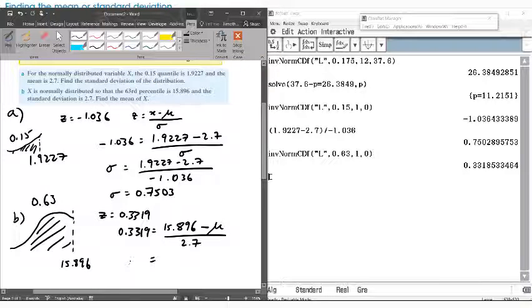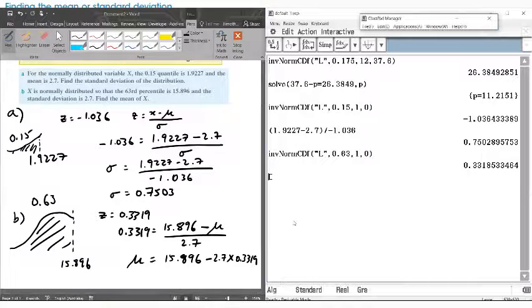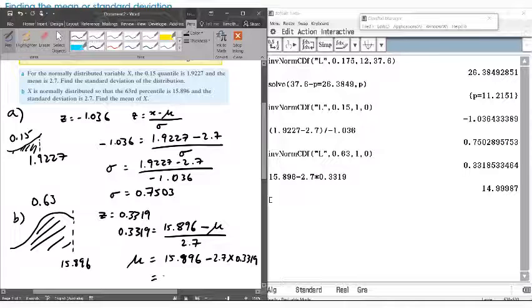Rearranging this, we get mu equals 15.896 minus 2.7 times 0.3319, which then gives us 14.9998, or 14.9999 in this case.